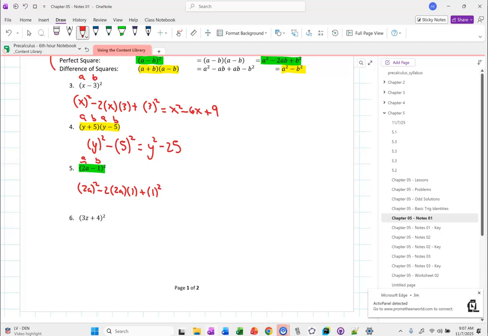What's 2a squared? 4a squared. How'd you get the 4a? 2a squared is 2a times 2a, right? 2 times 2 is 4, a times a is a squared. Cool? And then 2 times 2a is 4a, and then 1 squared is 1.